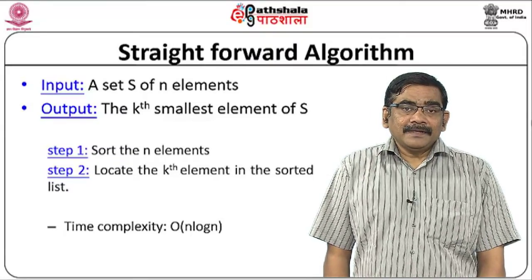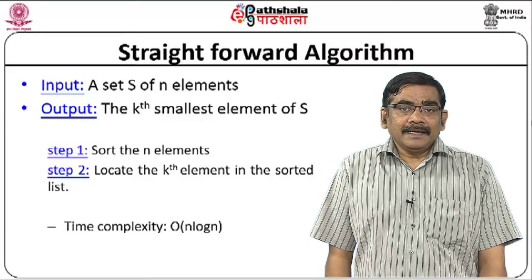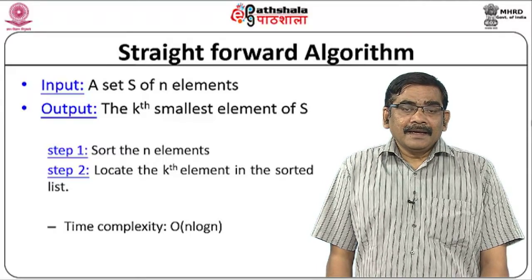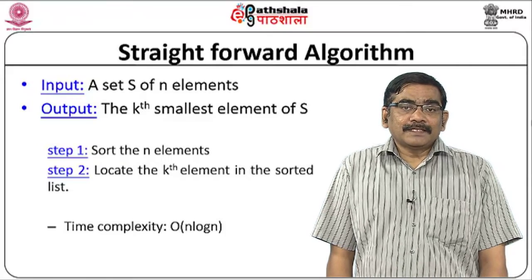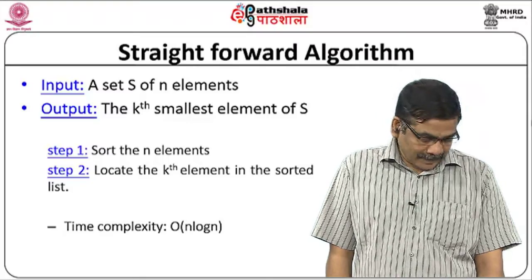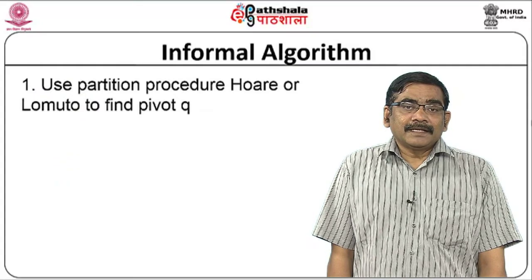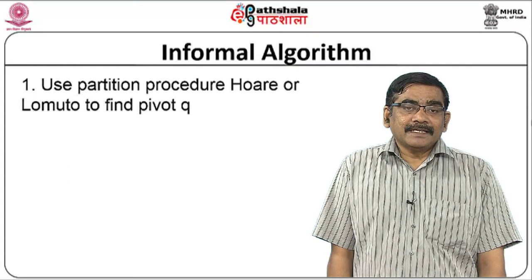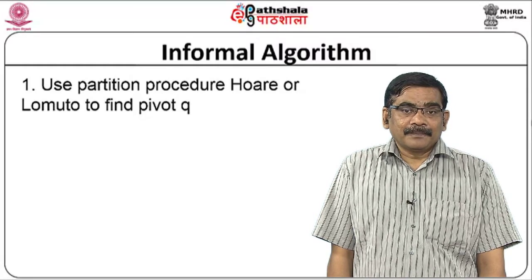Selection algorithm means we will be given a key k, and the objective of this problem is to find the kth smallest element present in the given array. For example, if k is equal to 2, then our objective is to find the second smallest element in the given array.